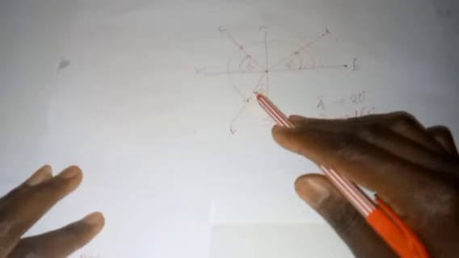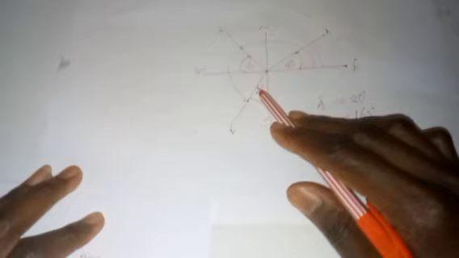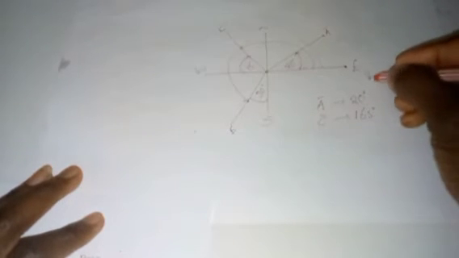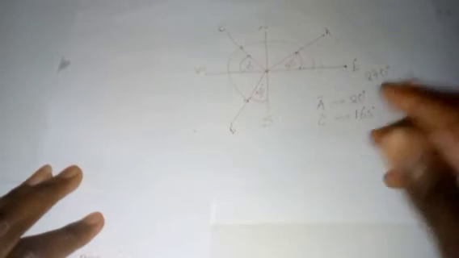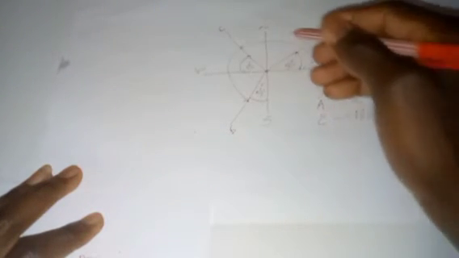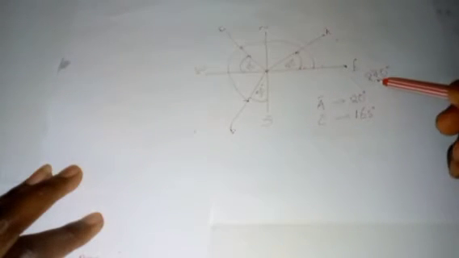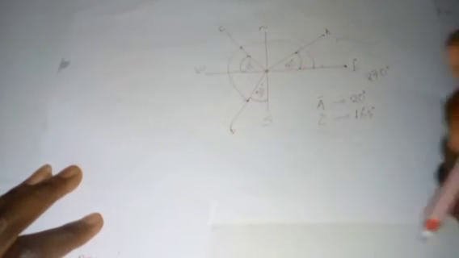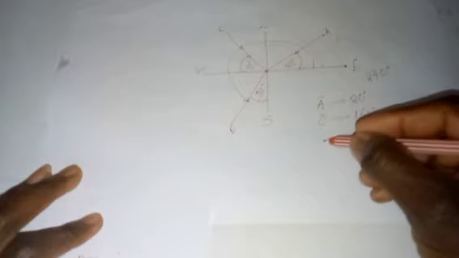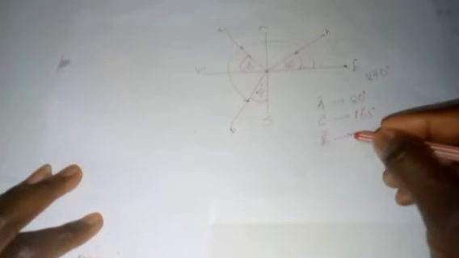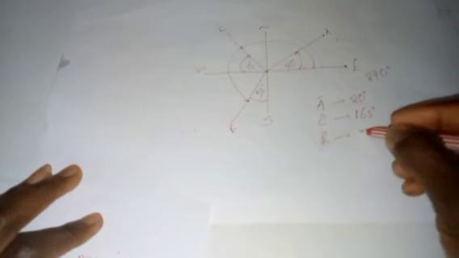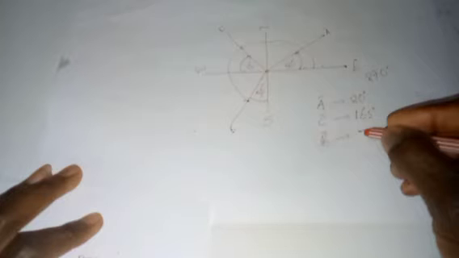Whenever you add all these 90 degrees, you're going to get 270 degrees. Then for you to find the angle from here up to that given point, you just subtract 30 degrees from 270, and you're going to get the angle for vector B as 240 degrees.